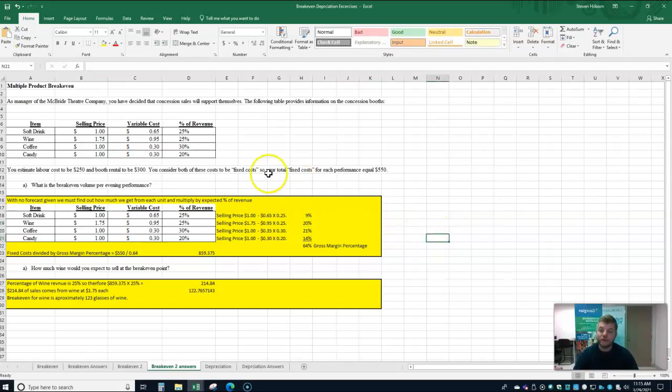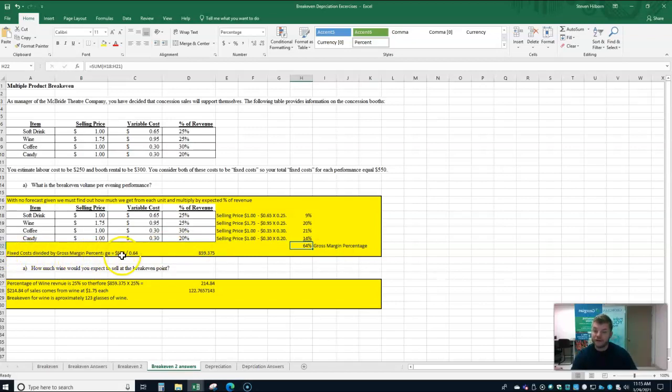What you're going to do here is break down how much revenue we're going to make in total and what percentage of revenue each individual area makes you. Then you can answer some of these questions. Fixed cost divided by the gross margin percentage. We have figured out that we make on average a 64% gross margin percentage. Then you take your fixed cost and divide it by that.